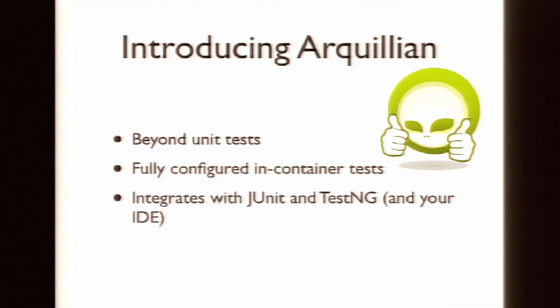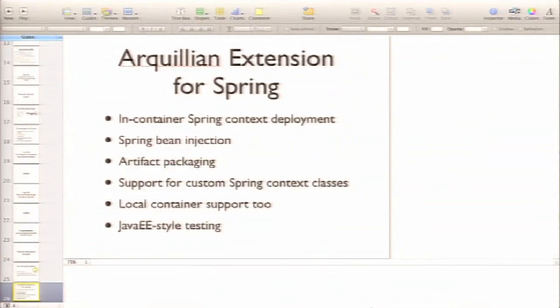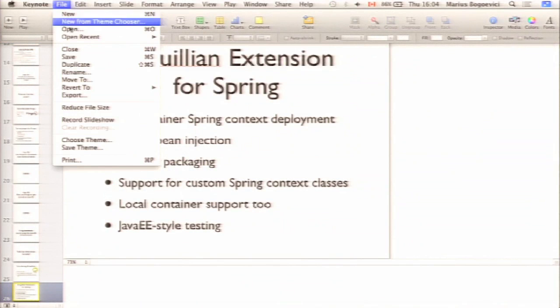So if you migrate, if you start using Java EE services within your Spring applications, you can use the same infrastructure as Arquillian and start running your applications in your tests in container. So let me show you a quick example of such an Arquillian test.